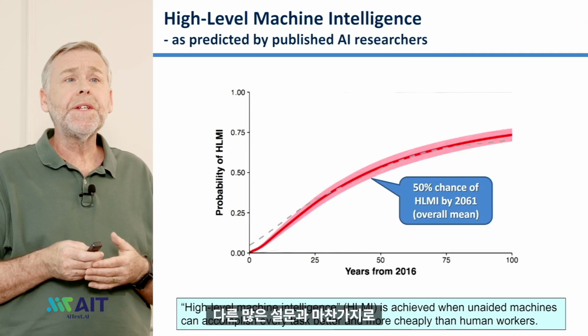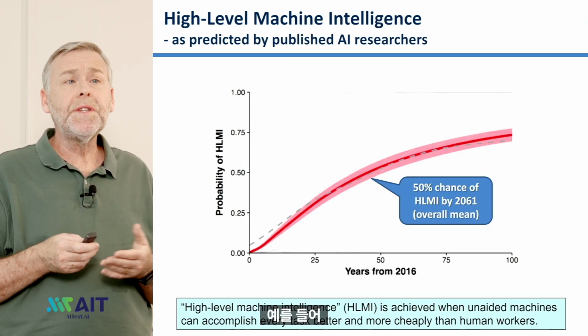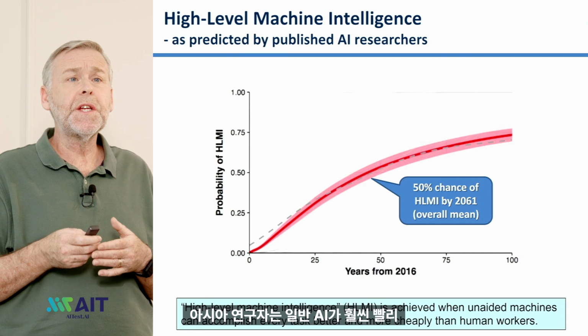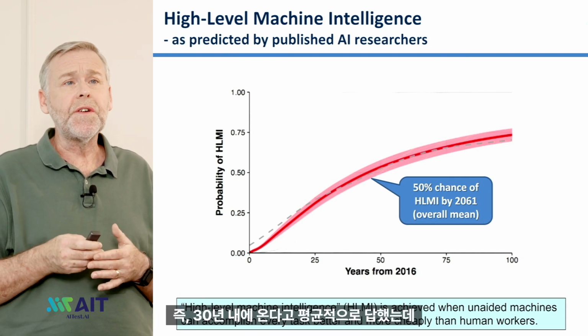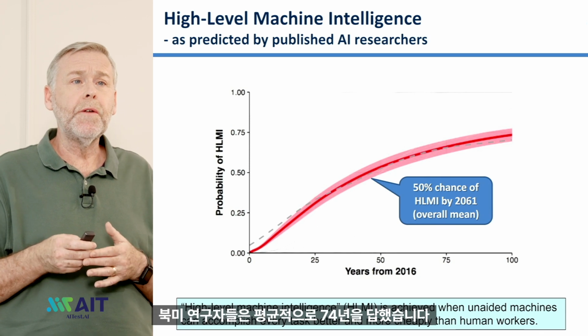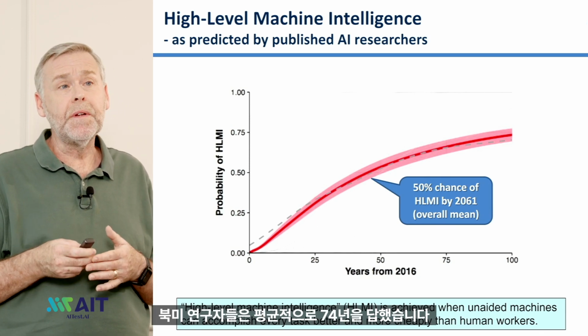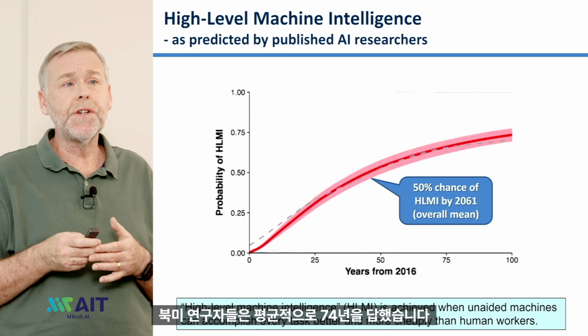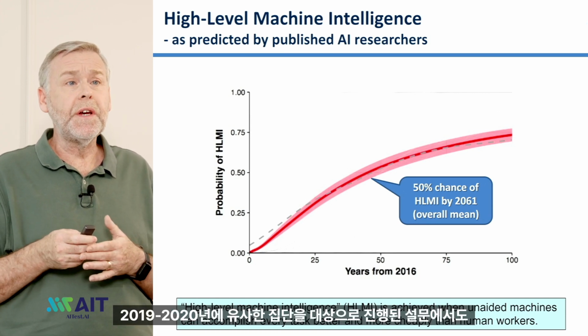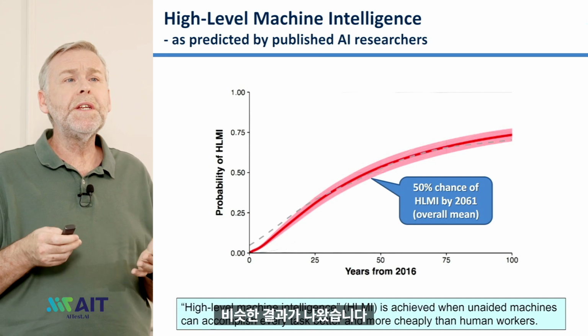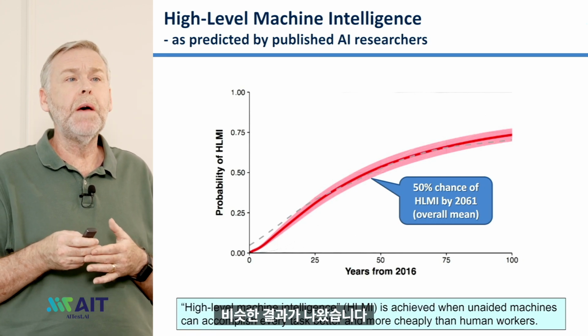As is often the case, there were regional differences. For instance, Asian researchers expected general AI to happen far sooner, in 30 years on average, whereas North American researchers expected it to happen in 74 years on average. A later 2019-2020 survey of a similar group provided consistent results for HLMI.